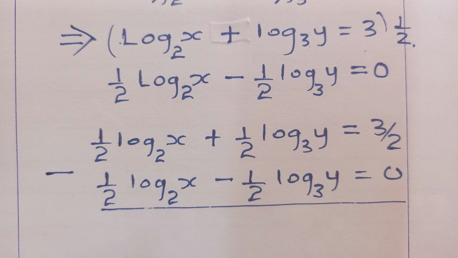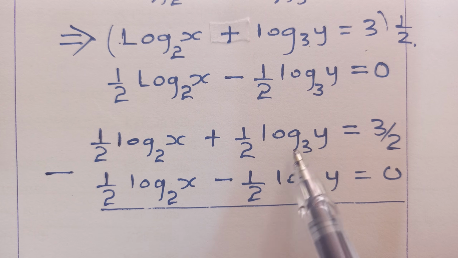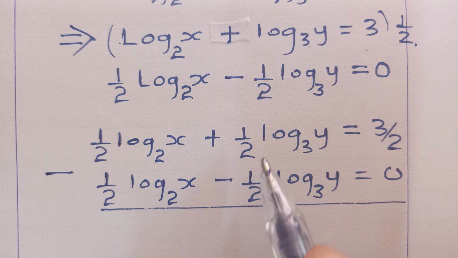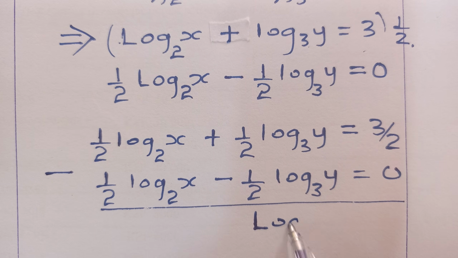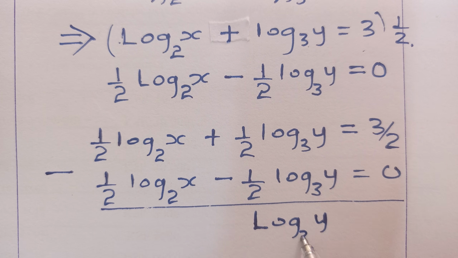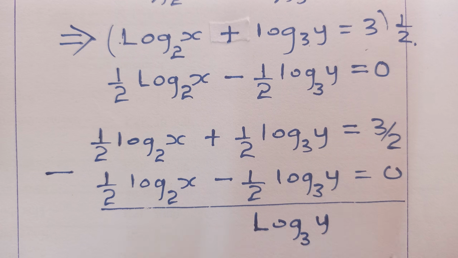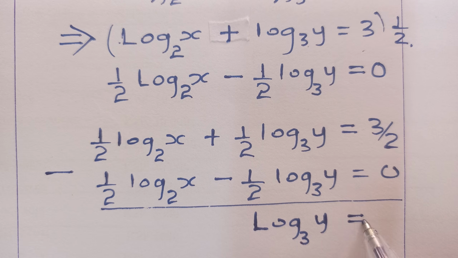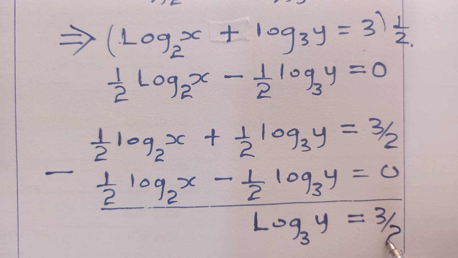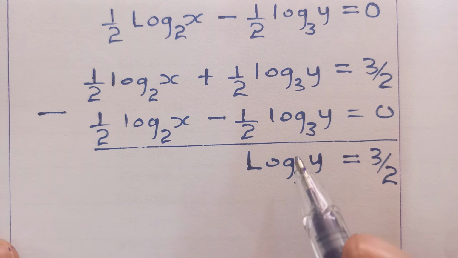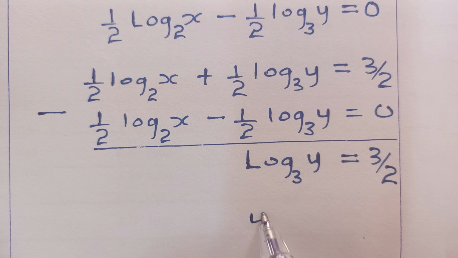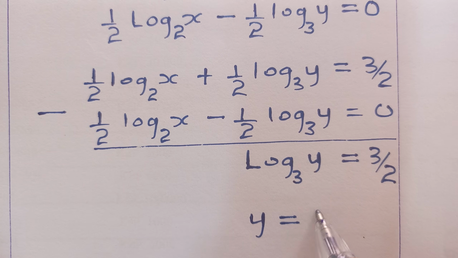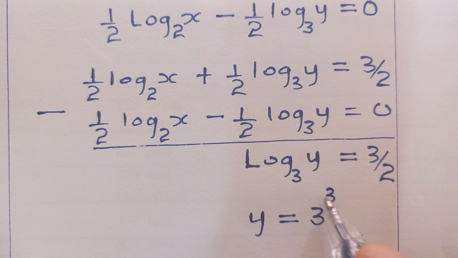When we subtract, this now becomes 0. This one becomes negative a half log y to base 3 minus minus a half log y to base 3. This becomes log y to base 3, because remember, a half plus a half will give us 1. This is now equal to 3 over 2. Using the laws of indices, we change this to indices form. This is now going to be y equals 3 raised to 3 over 2.